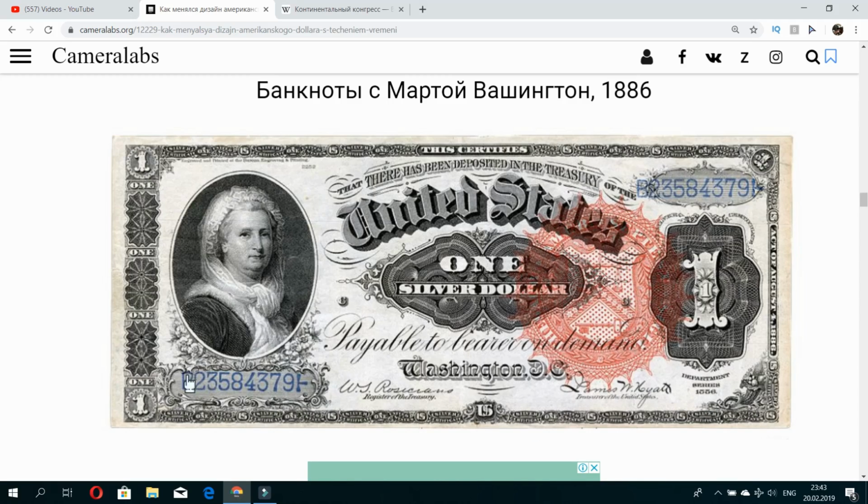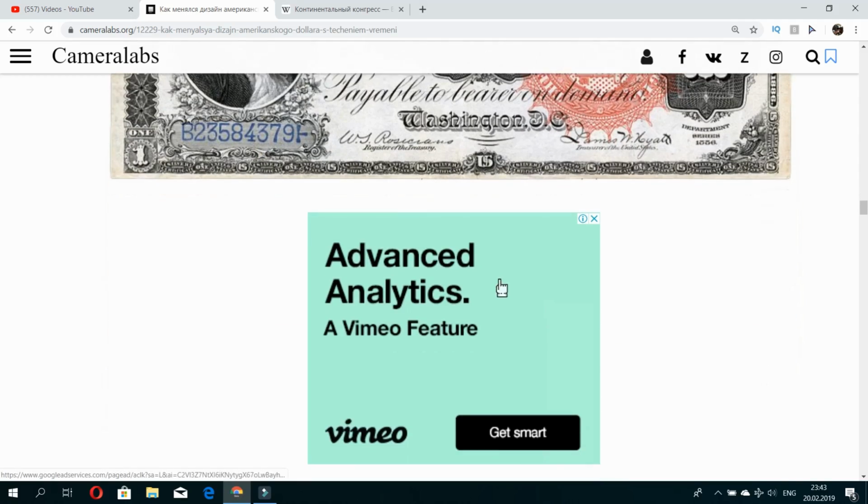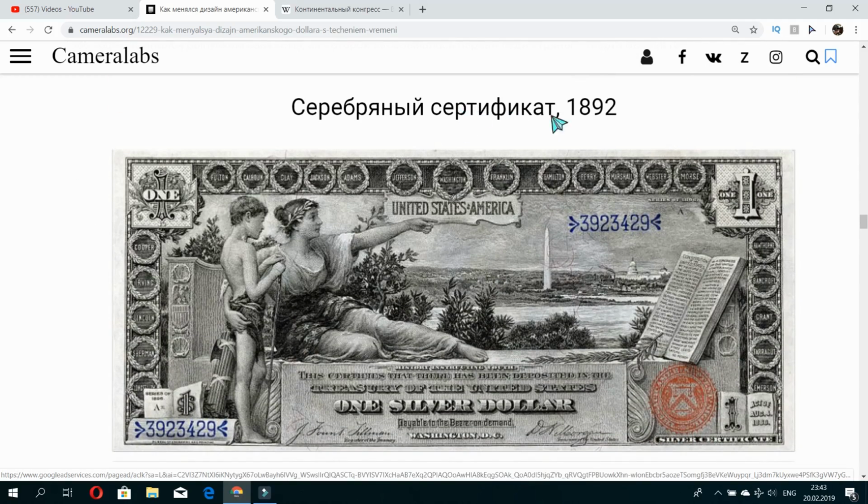Okay, we already have the loan number here, but still it's a Treasury of the United States, not the Federal Reserve. Also the silver certificate, 1892. Also antique design. The fasces here, the eagle here. Okay.